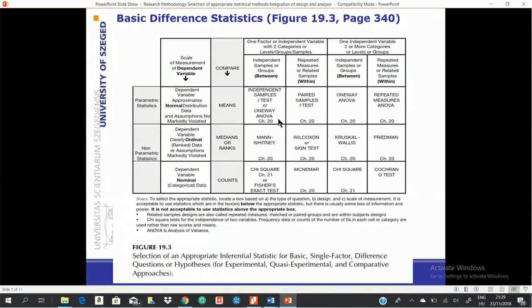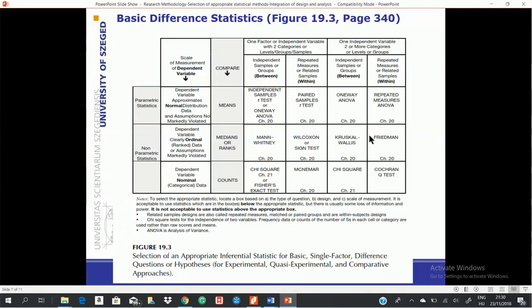For non-parametric, if the data is ordinal, you can do Wilcoxon or sign test. But if the non-parametric data is nominal, you can do McNemar. For parametric statistics, for more than two groups, more than three groups, you can use one-way ANOVA, or repeated measure ANOVA, or maybe two-way ANOVA.